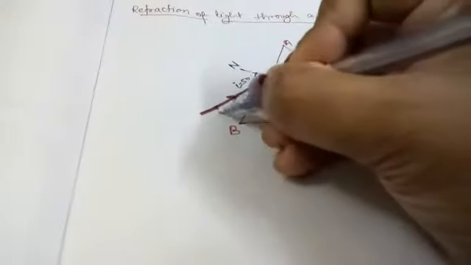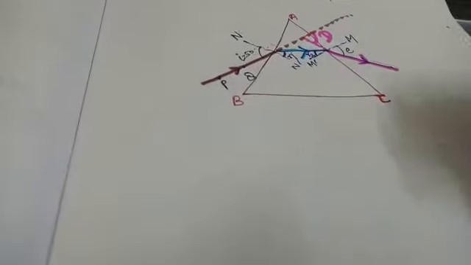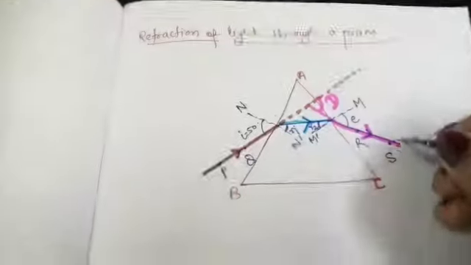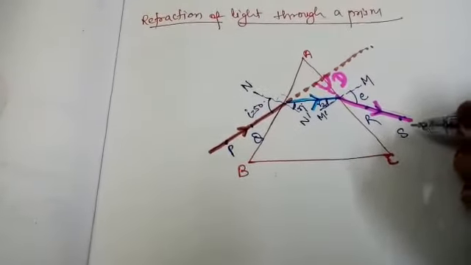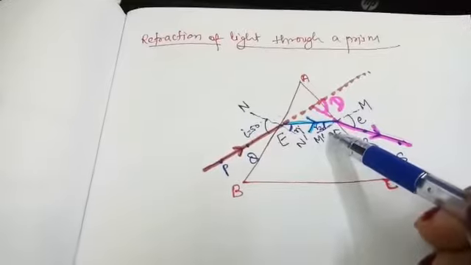So in total, we are labeling here, just writing P and Q. This PQ is incident ray, and here R and S. RS is emergent ray, right? And here we are again labeling E, and this one is F. So EF is refracted ray.